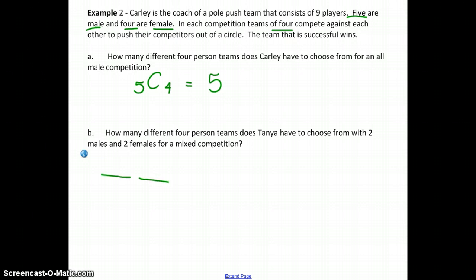So we've got 2 different things we need to consider. We need the males, which is 5C2 because we've got 5 males, we're choosing 2 of them. And we've got the women, which there's 4 of them, and we're choosing 2. And we'll multiply these 2 answers together. And this should give you 60.